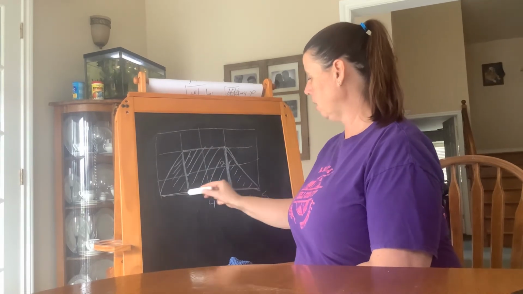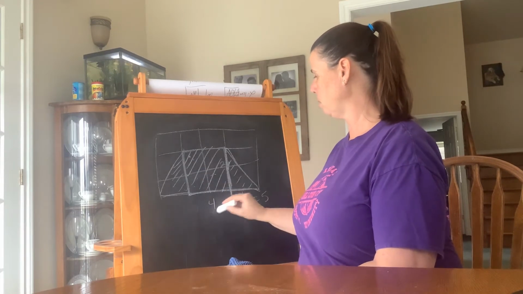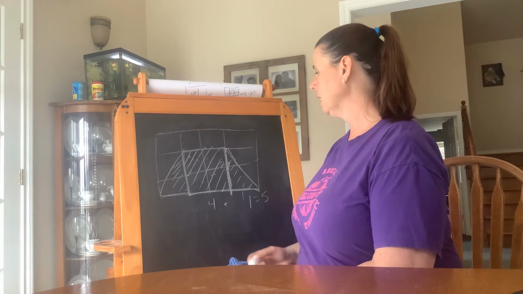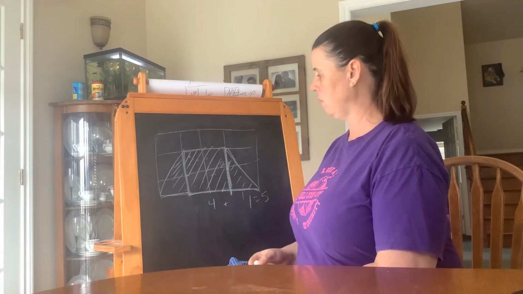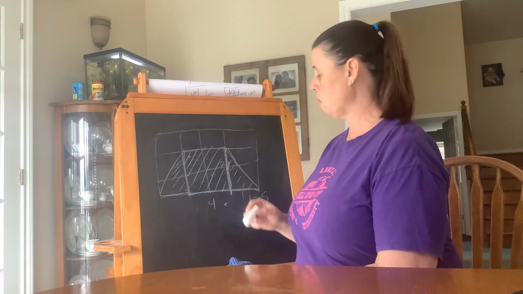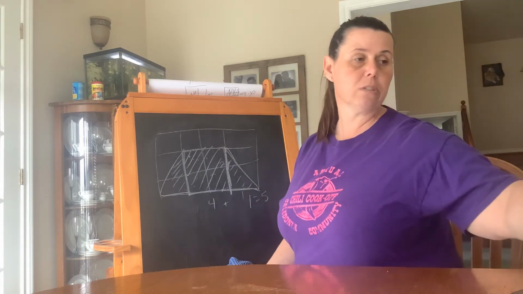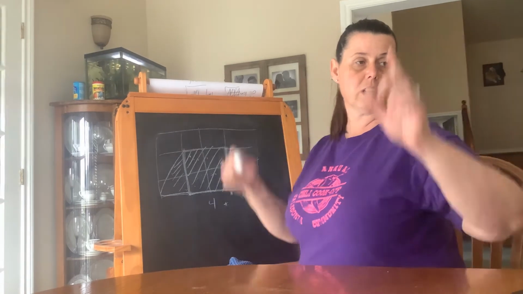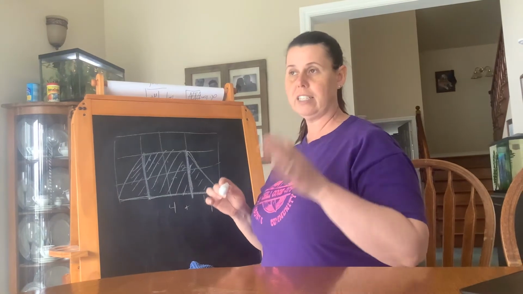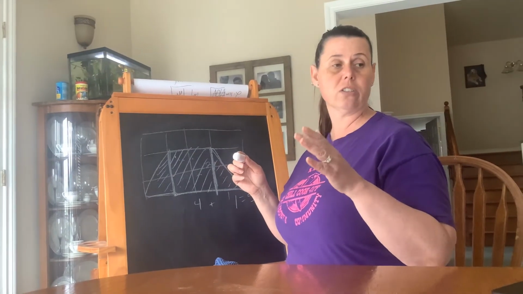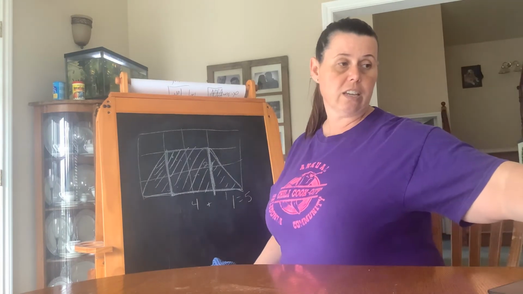Just count how many across, how many up, multiply them together. 2 this way gives me 4. 1, 2, 3, 4. 1 this way, 2 this way, 1 times 2 is 2, cut it in half because it's a triangle, gives me 1, okay? So you should be able to do that easy breezy. Go cut the trapezoids into a square or a rectangle plus 2 triangles, figure out the area for each, add them all together to get the area of the trapezoid.